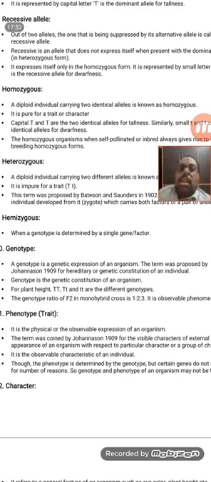For example, inside me there may be a gene for capital T, tallness, and also a gene for small t. But if capital T is expressed, that which I can see from outside is called the phenotype.